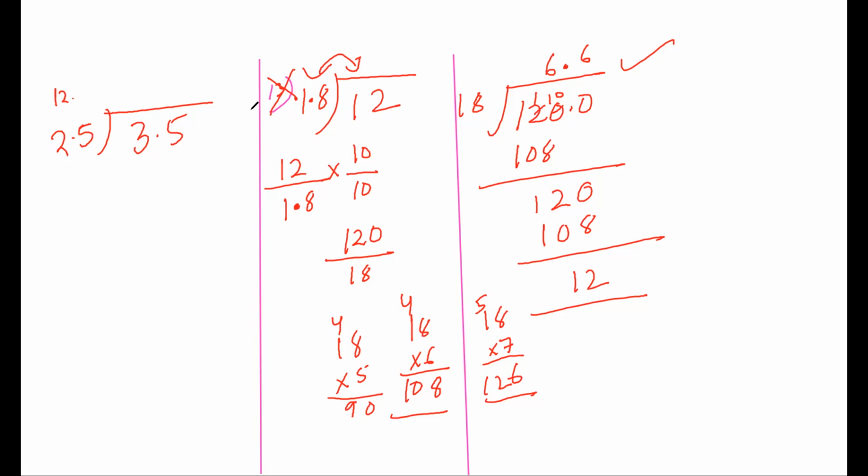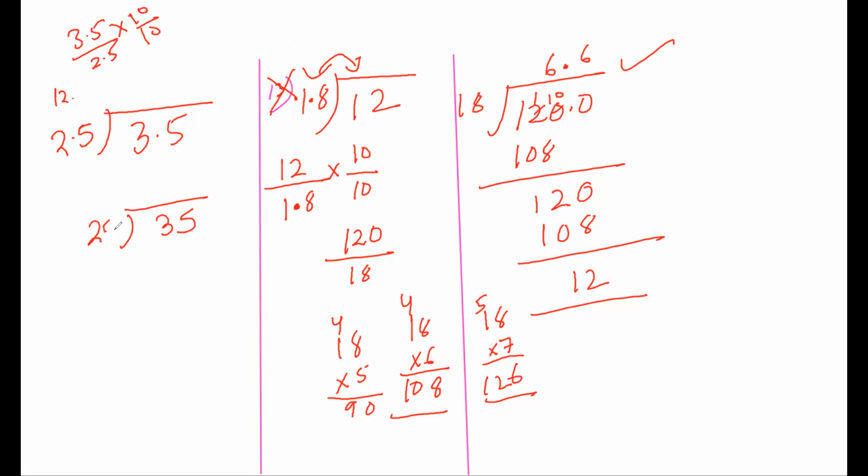All right. Put a cross to 13 and do again, okay? I need to remove the point. 3.5 and 2.5, multiply by 10 and multiply by 10.